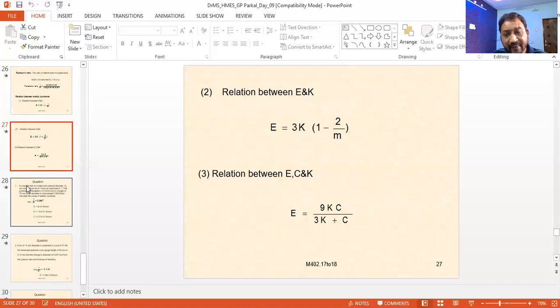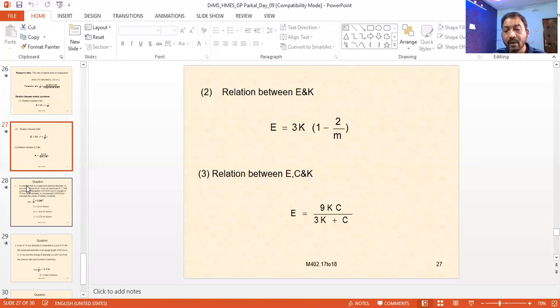Sometimes they may give the E value and 1 by m value, then we are supposed to find out the C value and K value. Sometimes they may give the K value and 1 by m value, then we may be asked to find out the Young's modulus value.